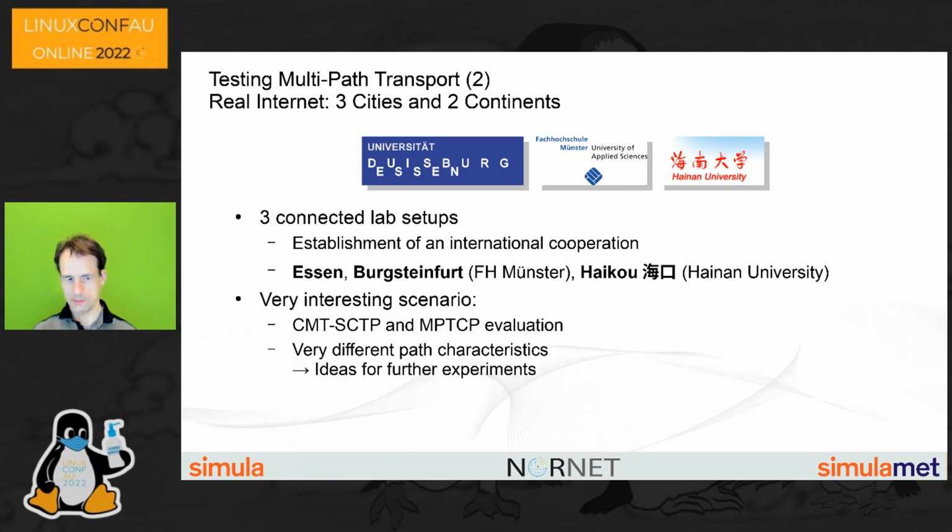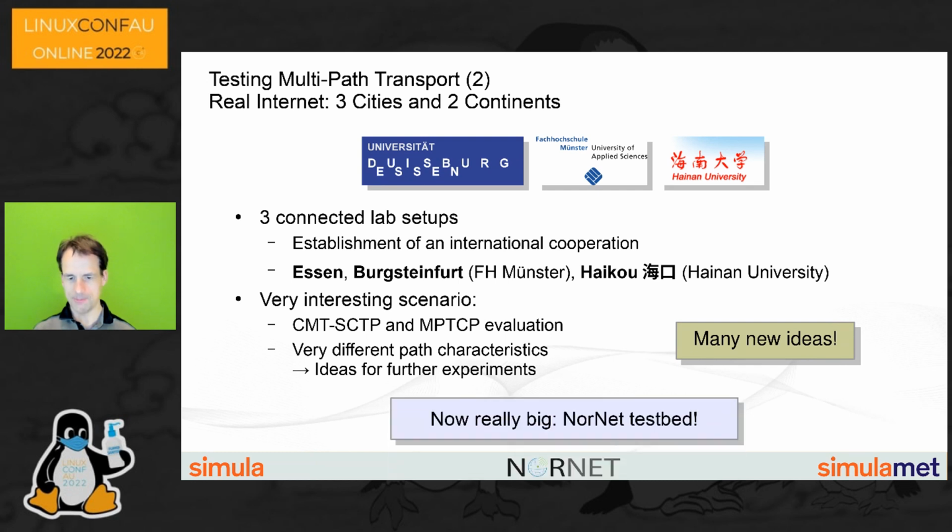So quite interesting. We had a small internet setup, and we were able to do more evaluation work on CMT-SCTP as well as MPTCP, which led, of course, to a lot of new ideas. But one of these ideas was: we had a 3-site setup, but still quite small compared to the big internet. Can we make this bigger?